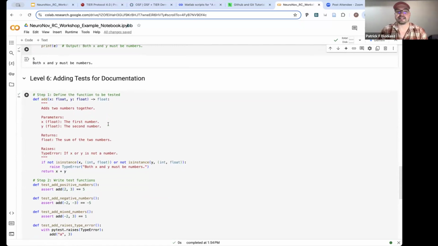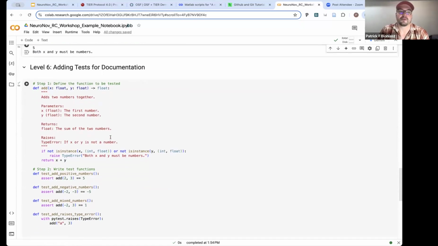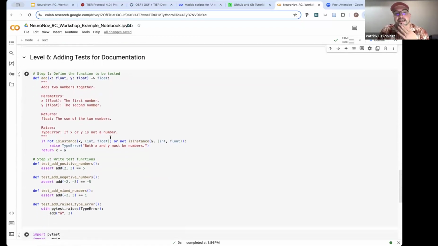And so in this case, it's easy to think of what tests might look like, but it's probably the most difficult part of coding in today's day and age, where things like ChatGPT or Claude don't do well writing tests.